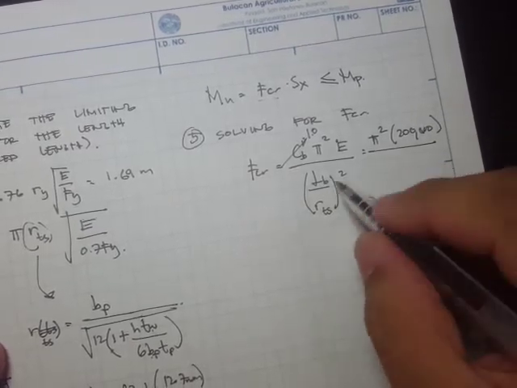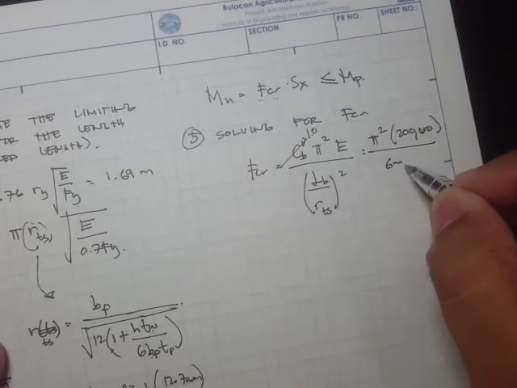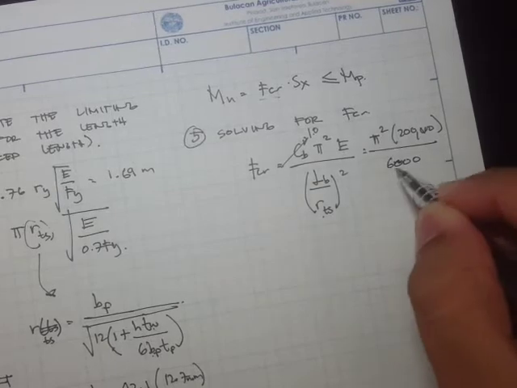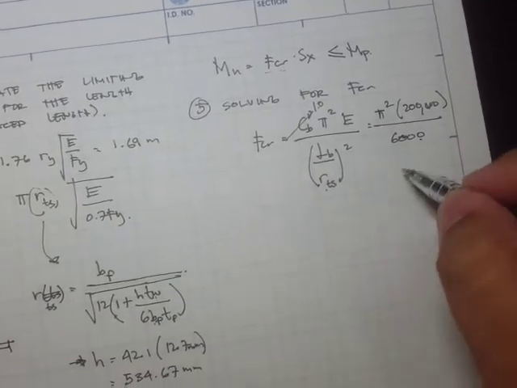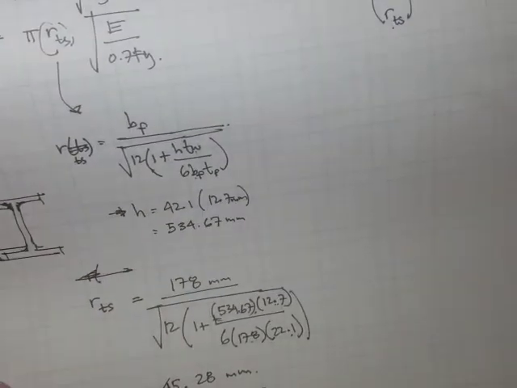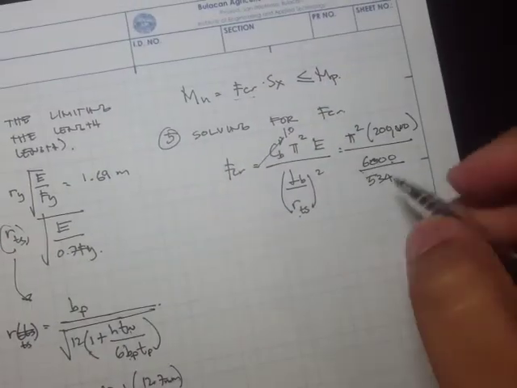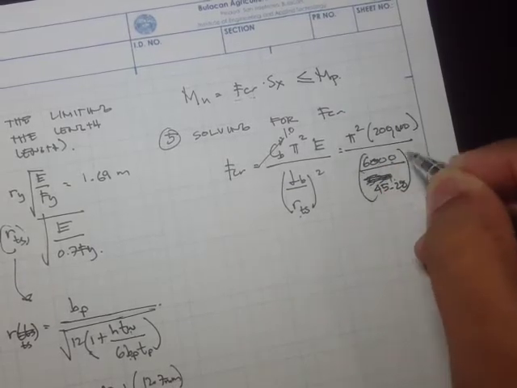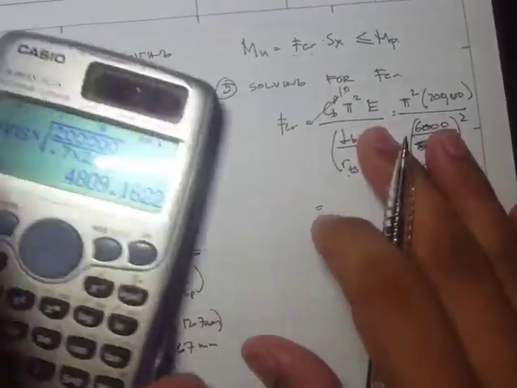And this one is base length 6 meters. This one is in mm, so therefore let's use 6,000 divided by 534. Sorry, this is 45.28. So 45.28, and we square the denominator.